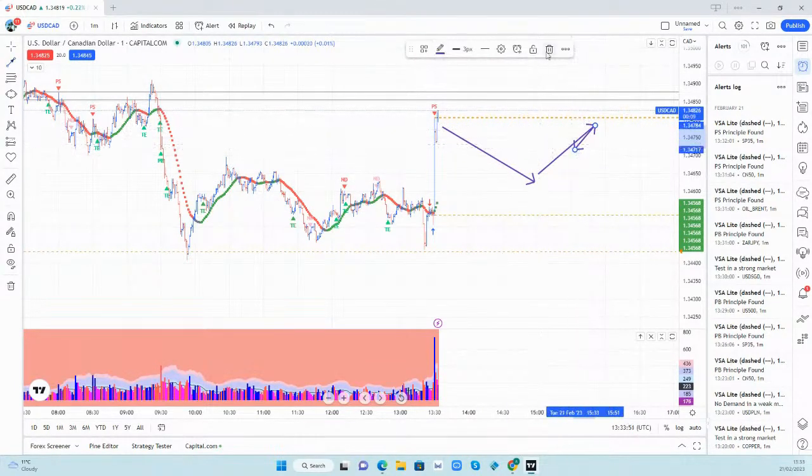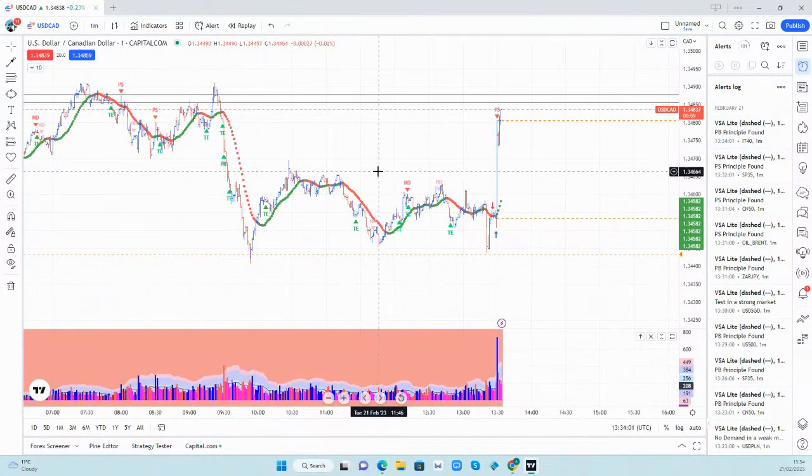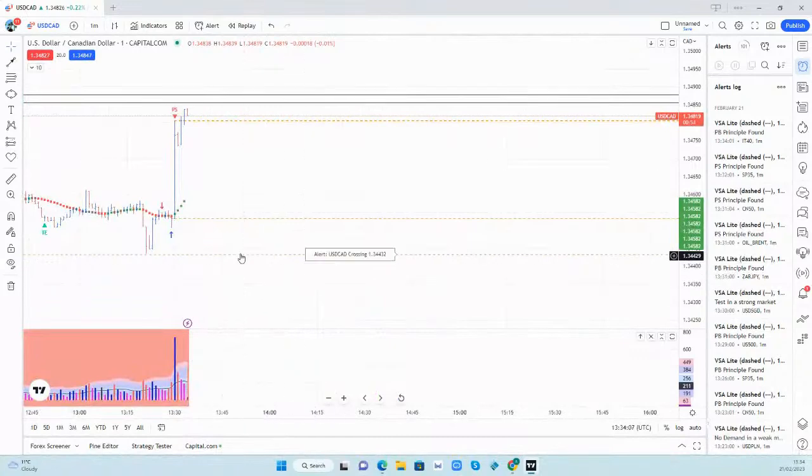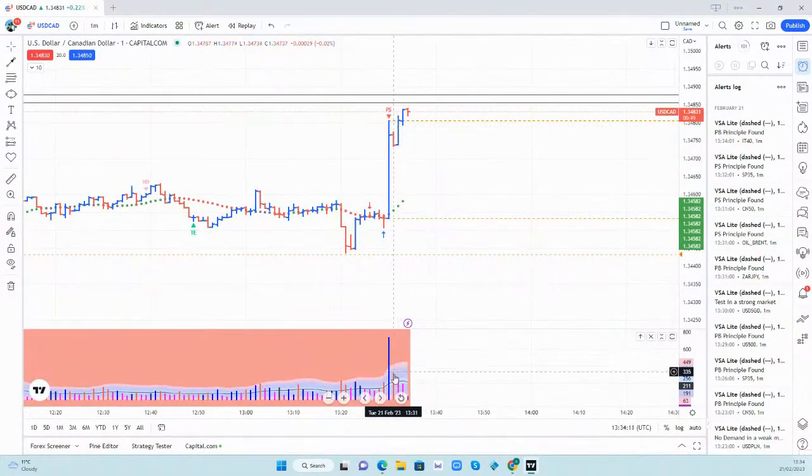But the professionals, what they've done is basically marked the market up for a bit. Now there's not much volume anymore. Let me just expand this and see it bar by bar. See, there's no interest to go further up.